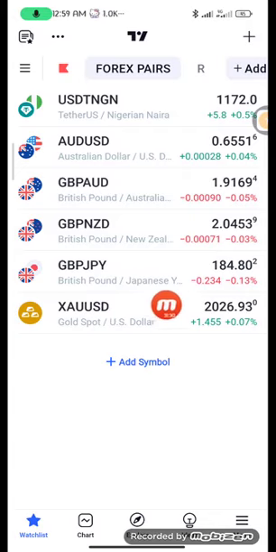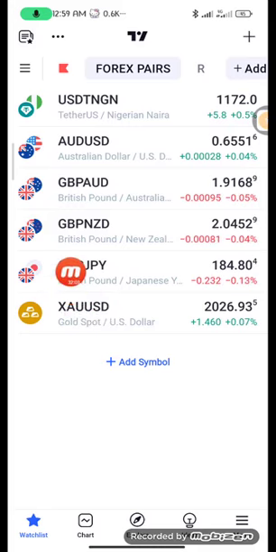When we dive into forex, we elaborate more on it. We have something we call base and quote currency. Between these two, GBP and JPY, the GBP is the base currency because it's what we are buying or selling against the Japanese yen.